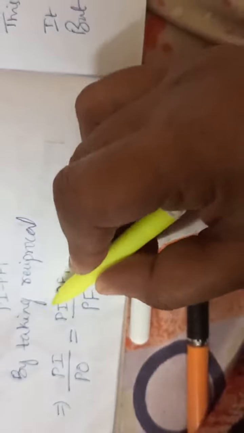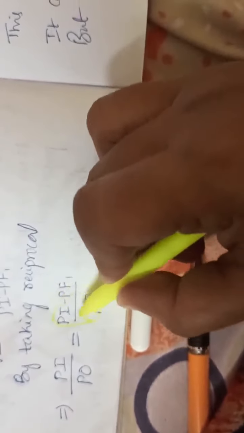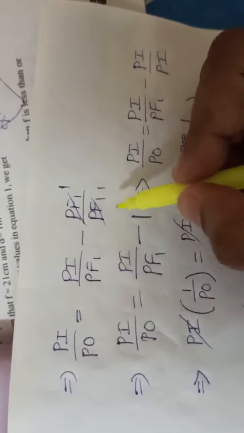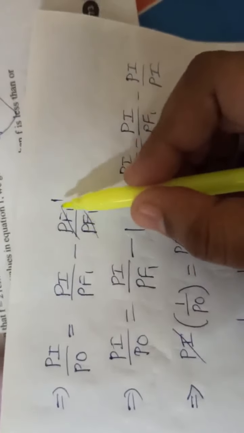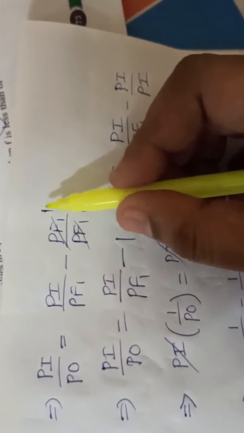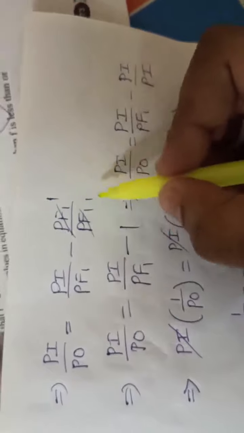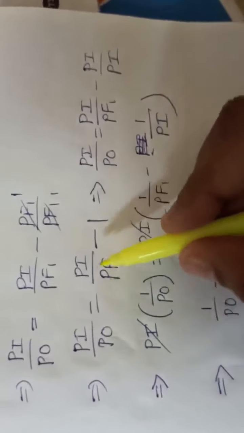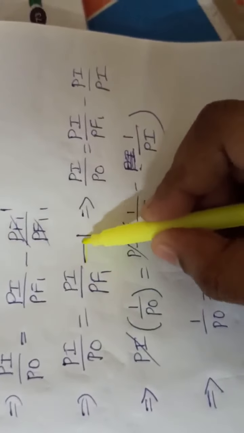Next, if we separately write these two terms, we are getting PI by PO is equal to PI by PF1 minus PF1 by PF1. Here these two are the same, so they cancel. So PI by PO is equal to PI by PF1 minus 1.